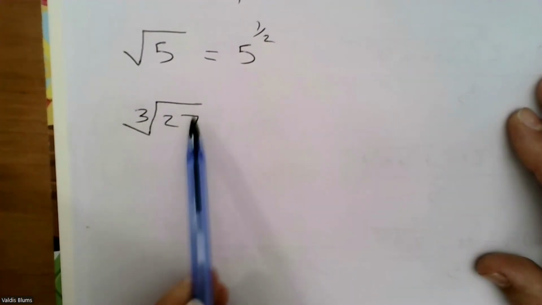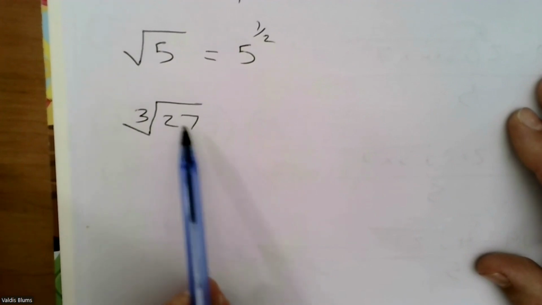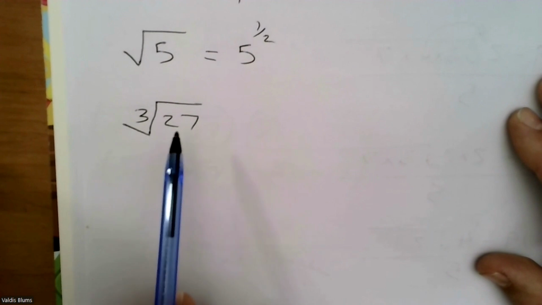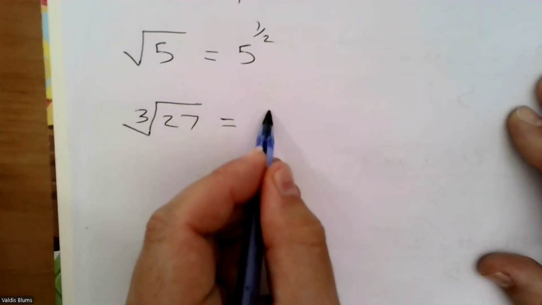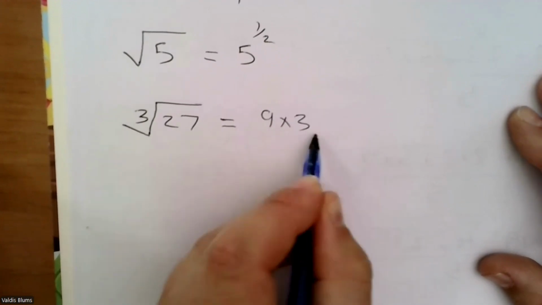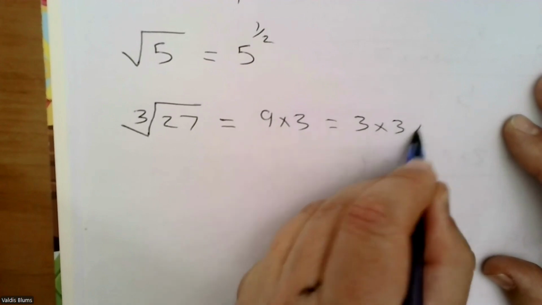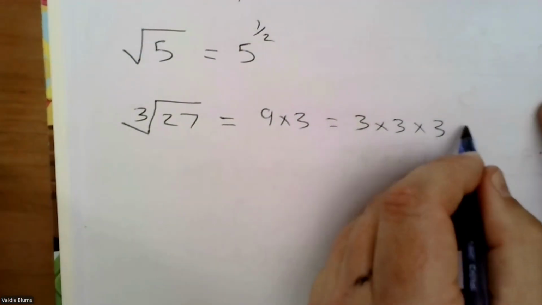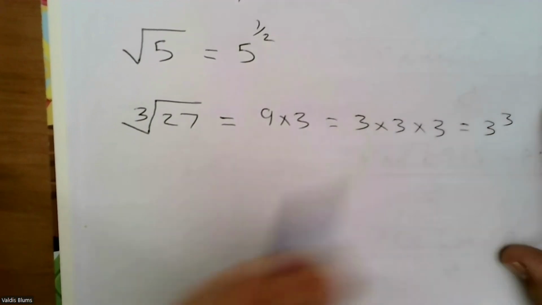With this higher order, in this case the cubed root, what times by itself 3 times will give you 27? We can see that 9 times 3 is 27, but that's also 3 times 3 times 3. So we have 27 equal to 3 cubed.